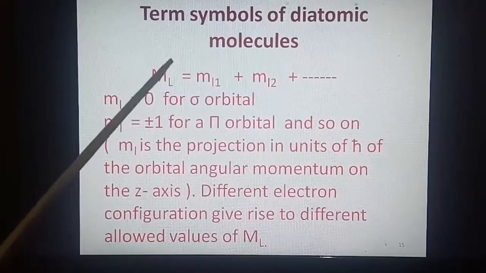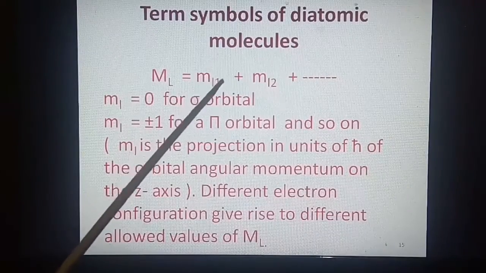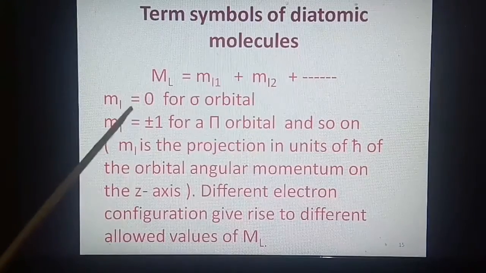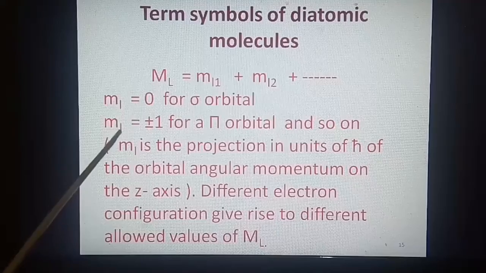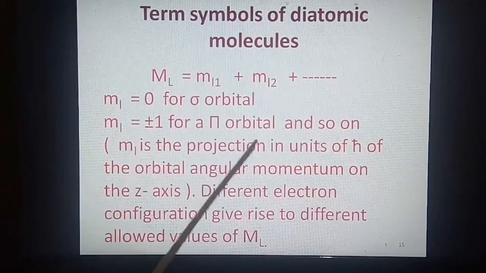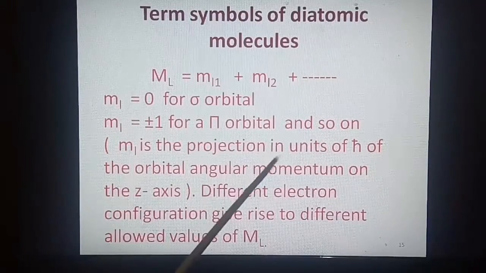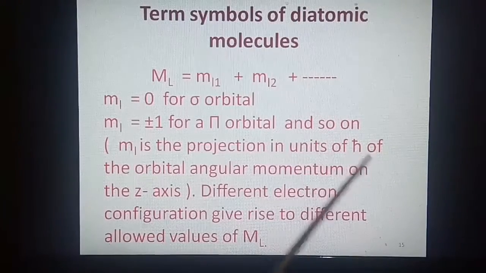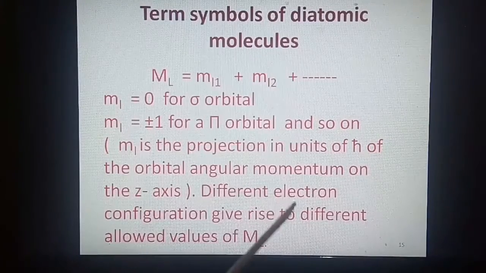So capital M_L is equal to m_l1 plus m_l2 plus etc. Small m_l is equal to 0 for sigma orbitals, and small m_l is equal to plus or minus 1 for a pi orbital, and so on. So m_l is the projection, in units of h bar, of the orbital angular momentum on the z-axis.